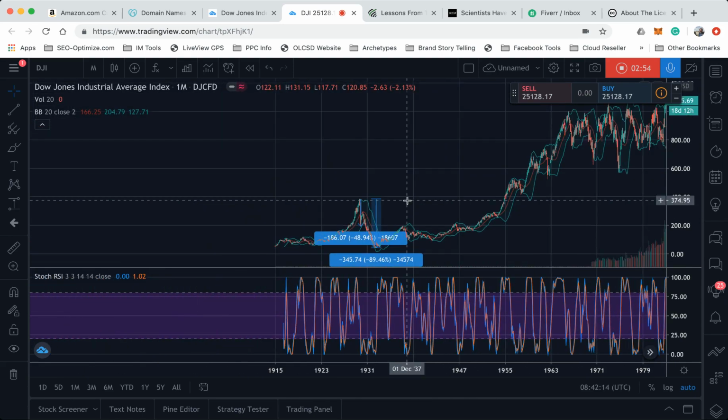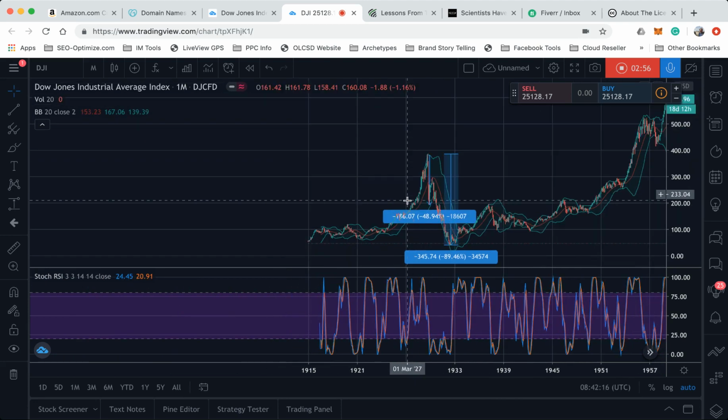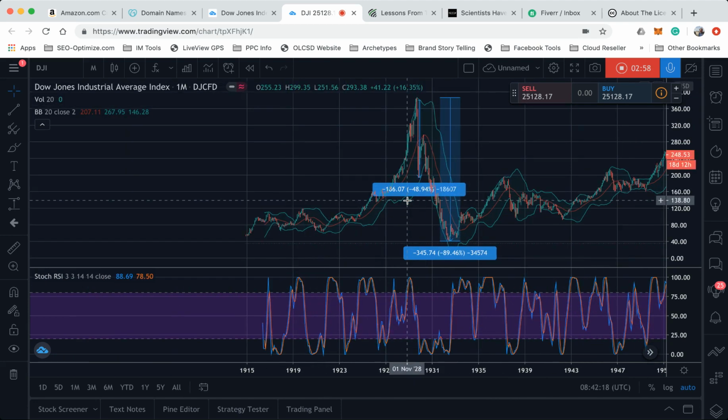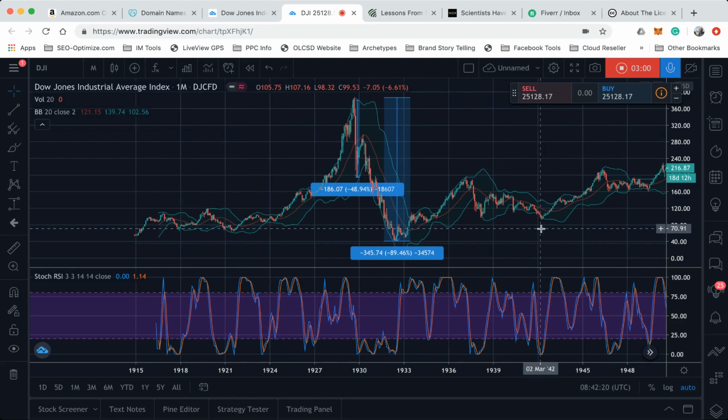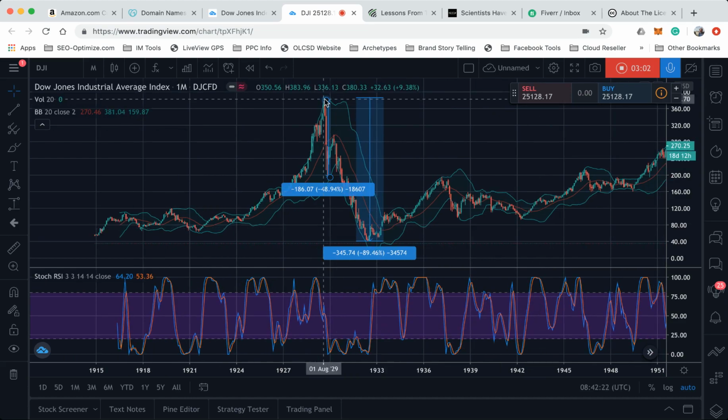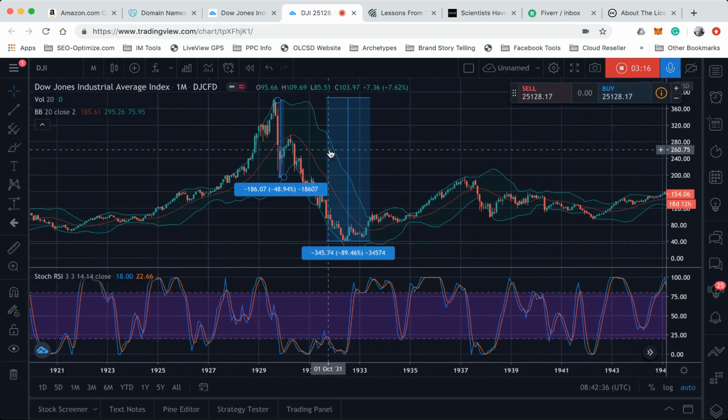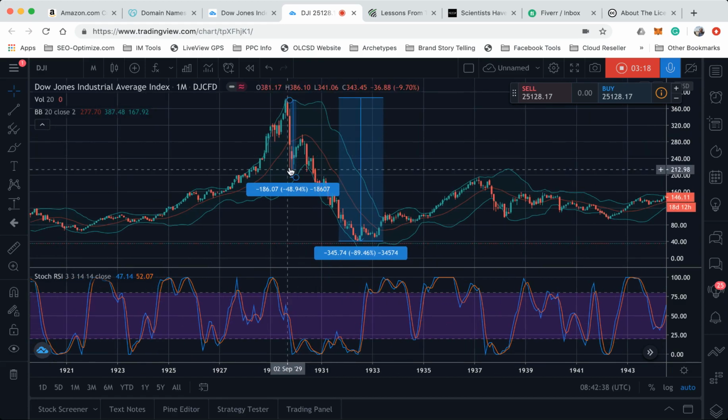So about August 1st, 1929, the market dropped 50% between August and January. And it went up, everybody thought it was going back. All right, it's recovering.